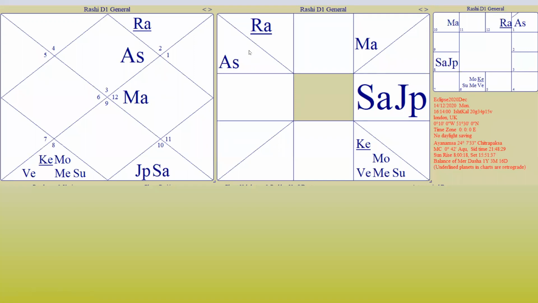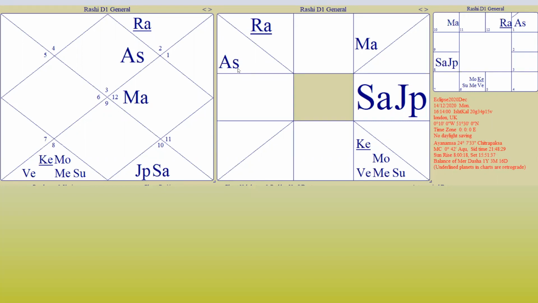Okay, let me just see. If you see this chart here, this is Aries, this is Taurus, and this is Gemini. And here, as you can see, the ascendant is written here, AS.